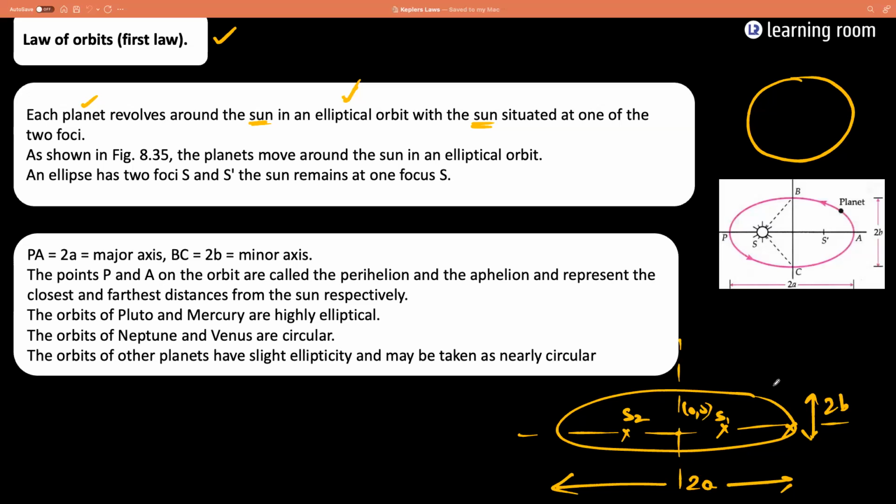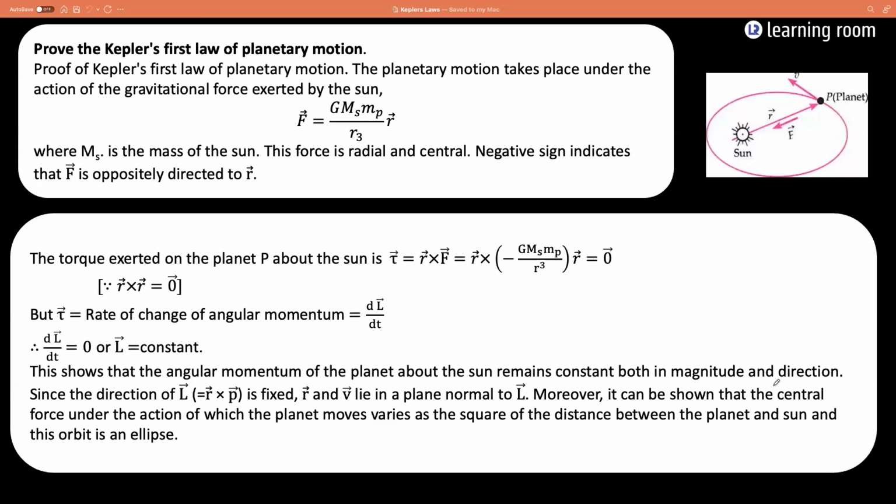If you see the proof of Kepler's first law of planetary motion, it is basically proved using the concept of, one minute, wait. So what is that?